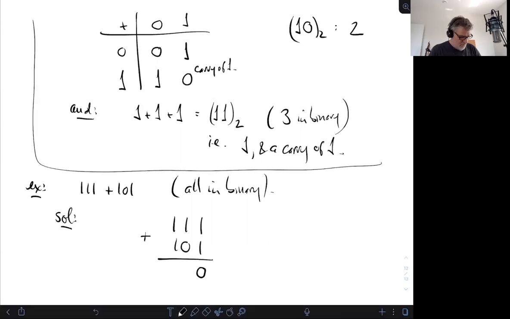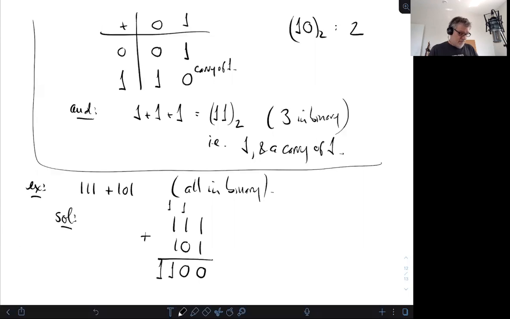Then I add the next column, 1 plus 1 plus 0. This is 0 and a carry of 1. And finally, 1 plus 1 plus 1, as I said, this is 3, so it's 1 and a carry of 1.